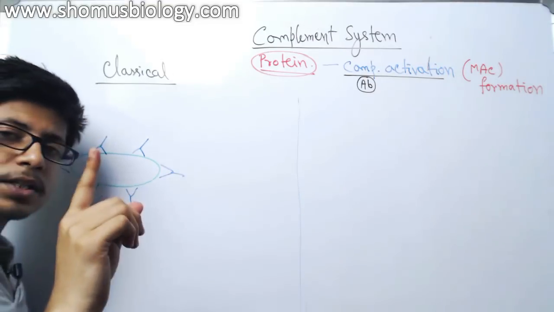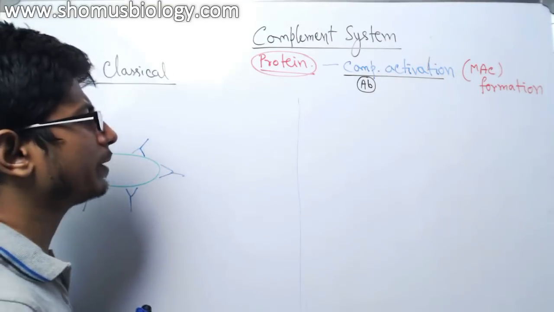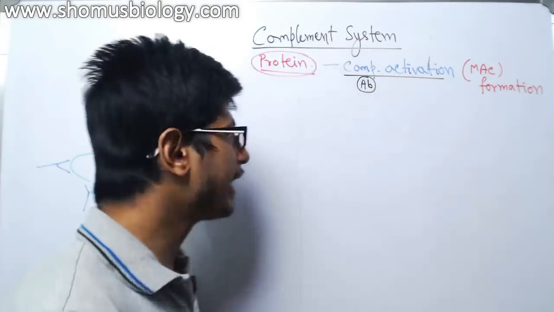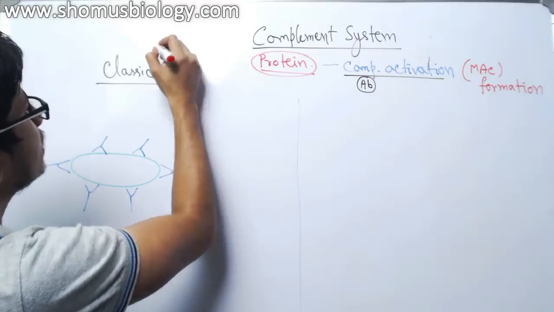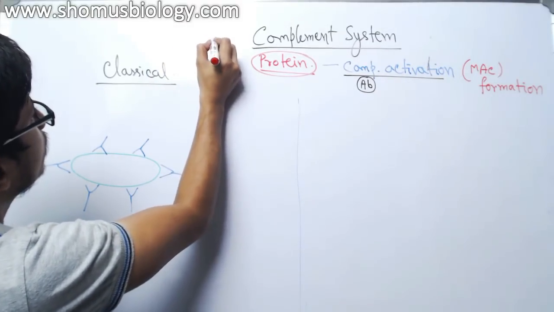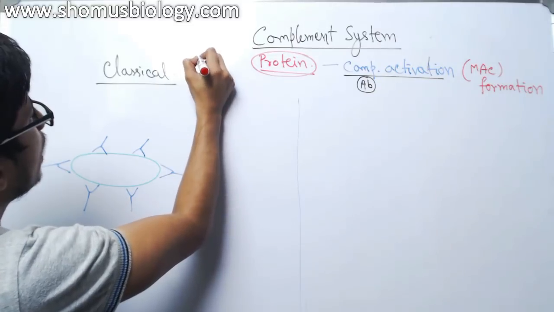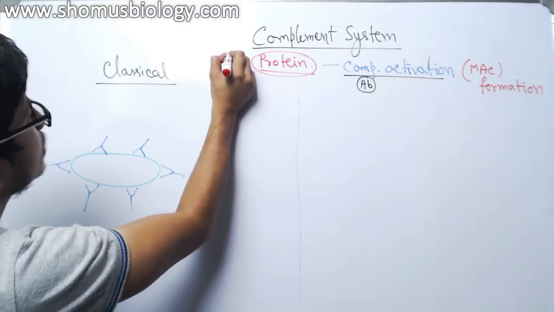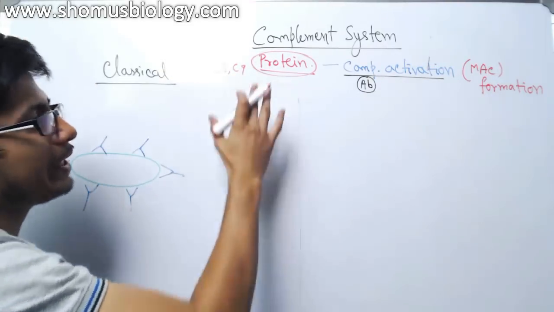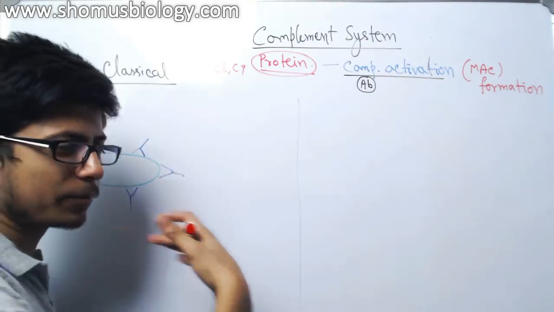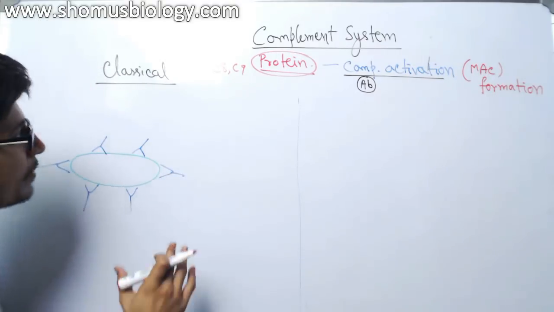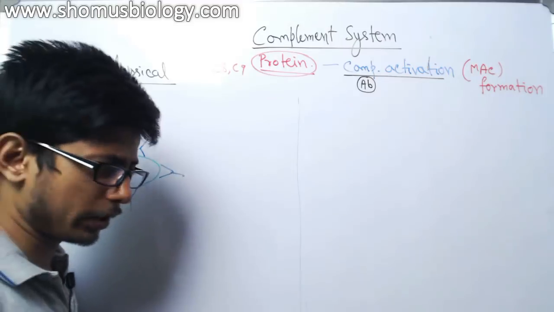The first protein of the complement, because there are several proteins known as complement proteins, are written as C, where C stands for complement: C1, C2, C3, C4, C5, C6, C7, C8, C9. There are so many complement proteins, mostly up to 10, that we'll be seeing in these two examples.